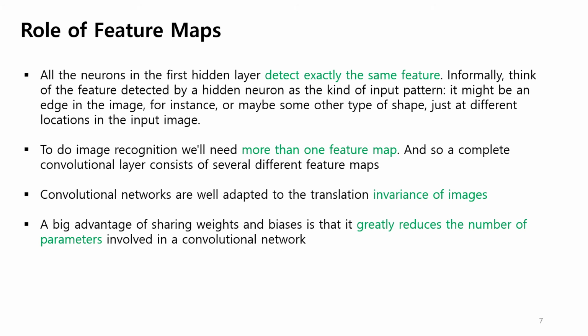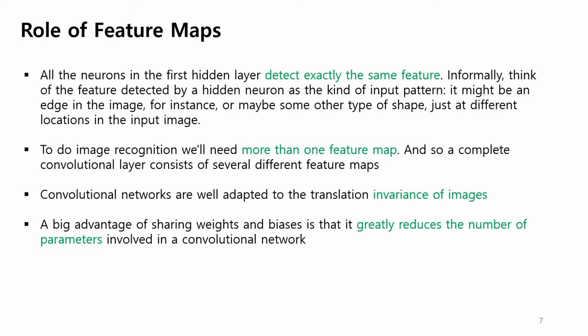We have seen the structure of the convolution layer, the structure of feature maps, how these are connected, and how these weights are shared. This is a summary of what I explained in the previous slide. In a convolution layer, we have many feature maps, and each feature map has its own purpose.